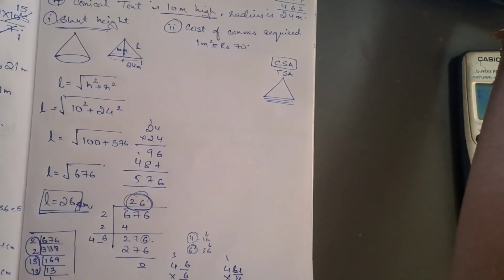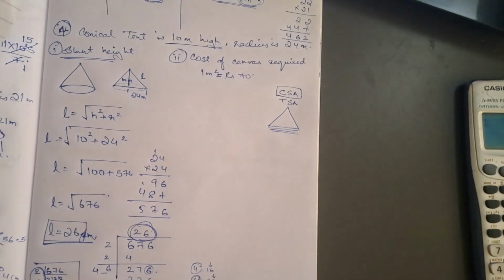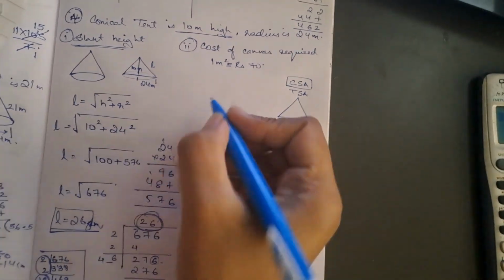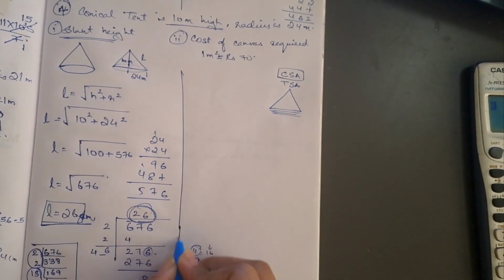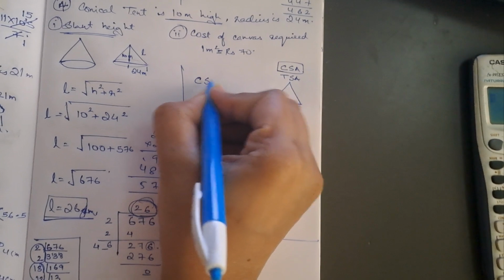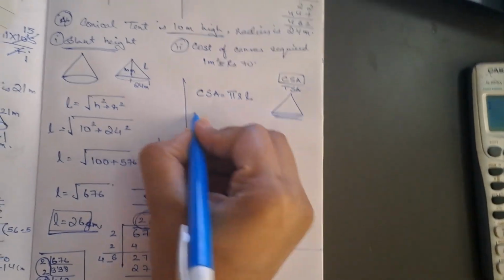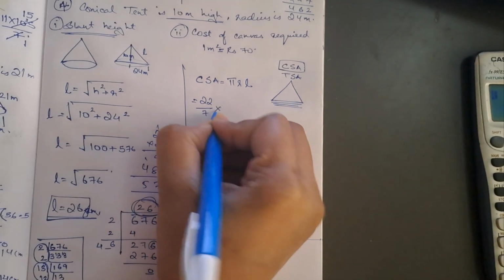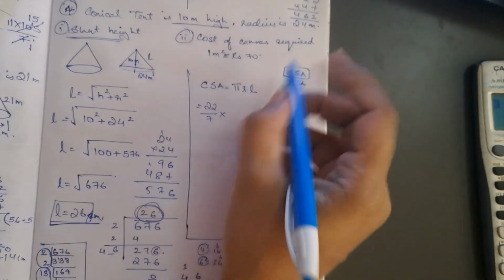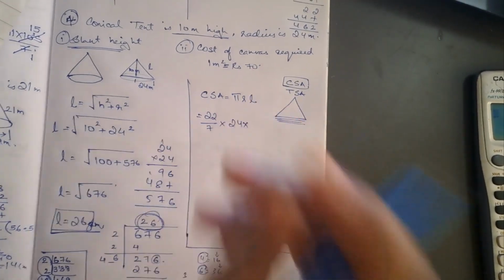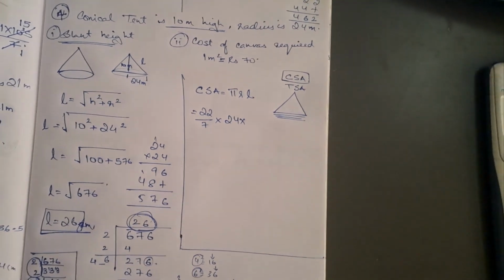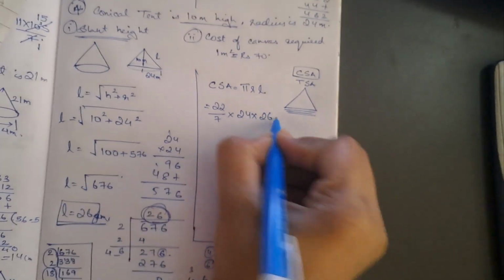And when I'm calculating the CSA for this one, what is the next thing that I'm supposed to do? It goes as the CSA formula now. The CSA is equal to pi r L. Pi value, again, take it as 22 by 7. R is already given to me. Radius is 24 times, then the slant height we got as 26.